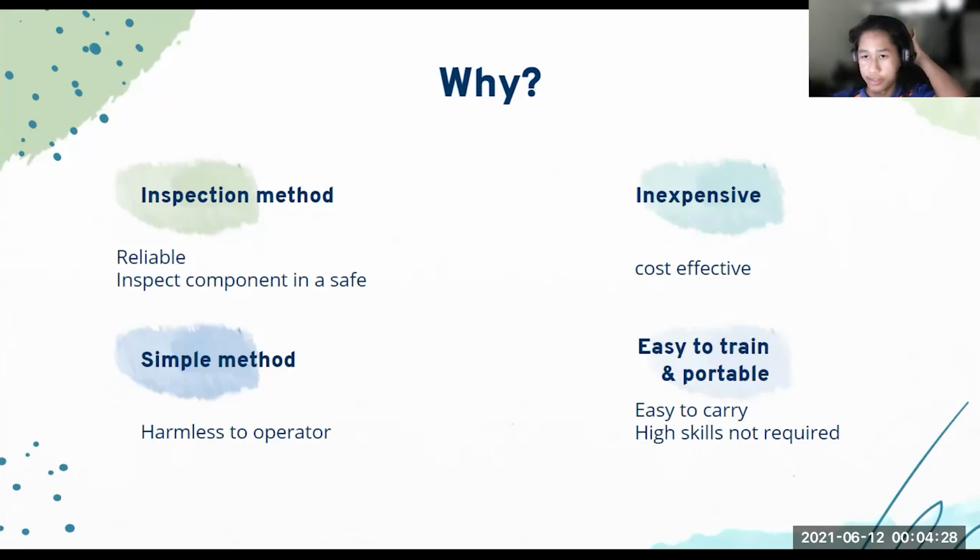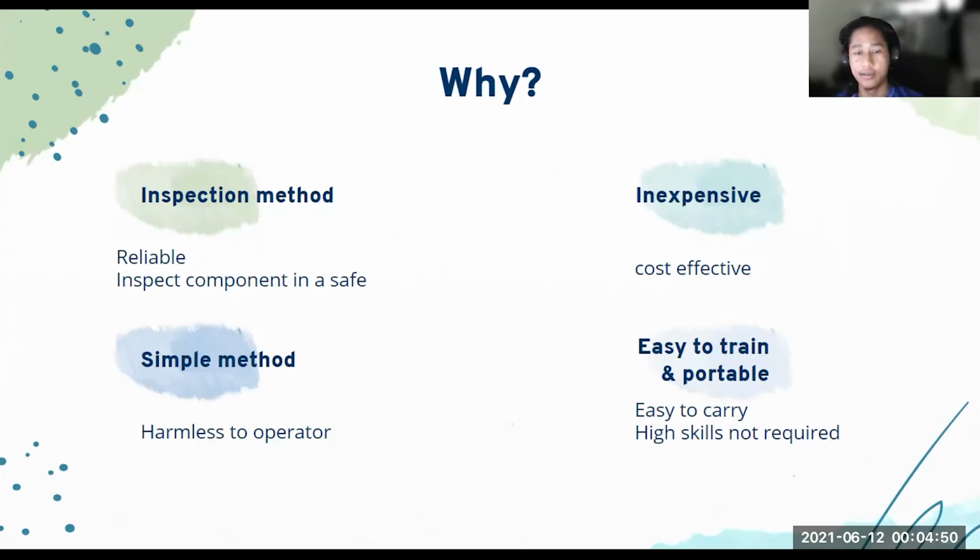The first reason is the advantage of the inspection method. It is a very reliable technique to perform, and the inspected component is in a safe condition. What I mean by safe condition is the part that has been tested will be left undamaged.